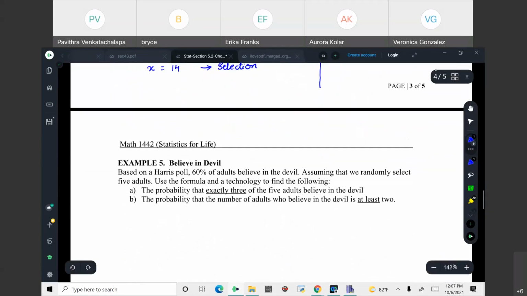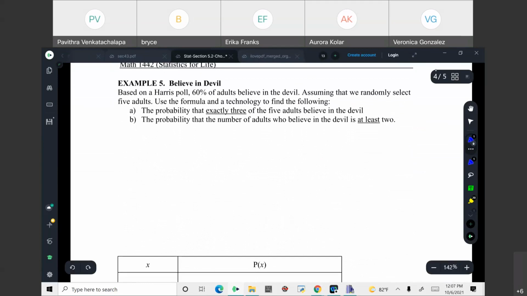So this is example 4, and example 5 in the same way. Okay.